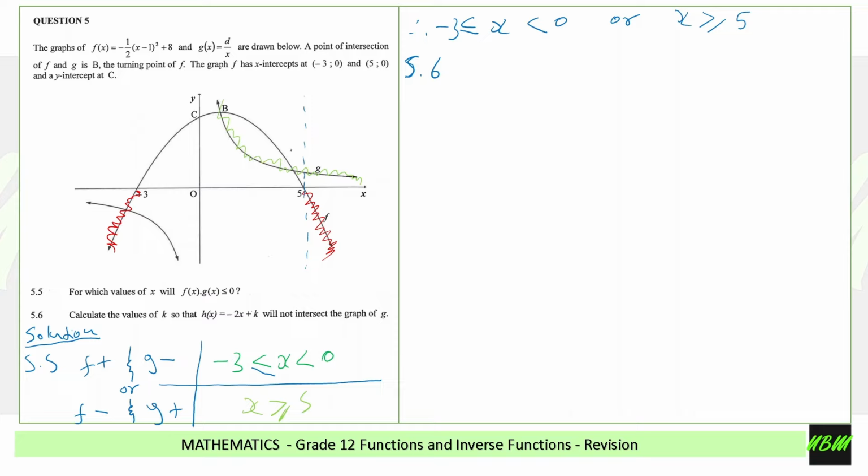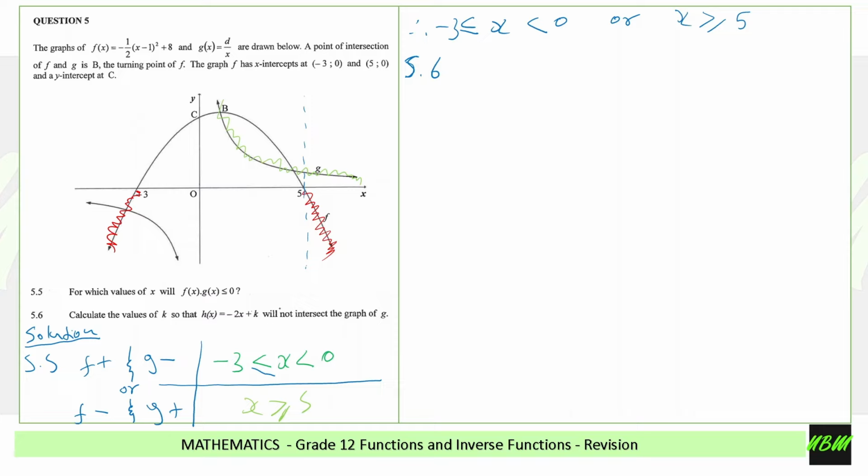We have the graph of g, which is a hyperbola, and the graph of h, which is a straight line. So one way of looking at this question is that we need to find the values of k where the graphs will not intersect.